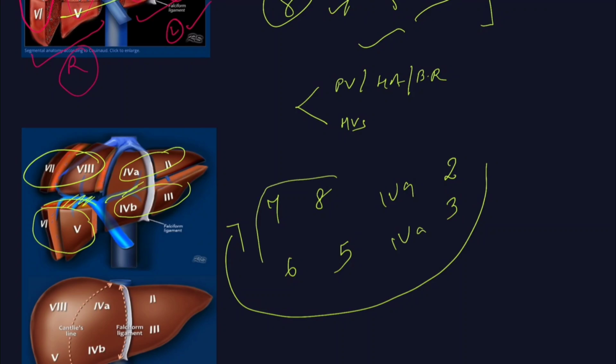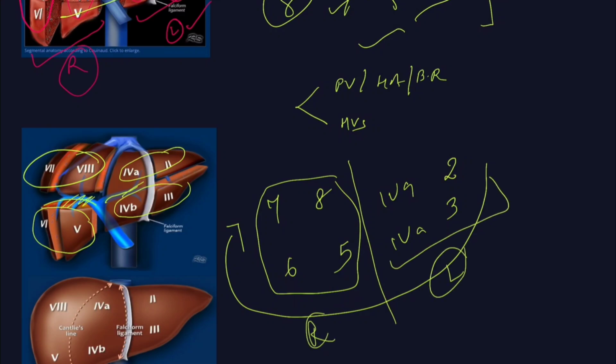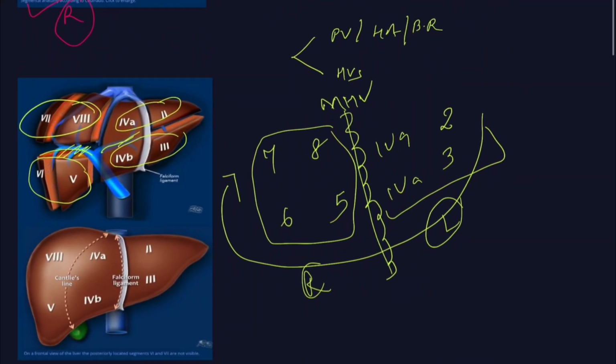So these 4 belong to the right lobe and these 4 belong to the left lobe, and this division, this right versus left lobe, is by the middle hepatic vein, or we can say the Cantlie's line, which is along the same plane of middle hepatic vein running across the gallbladder fossa and the IVC, okay.